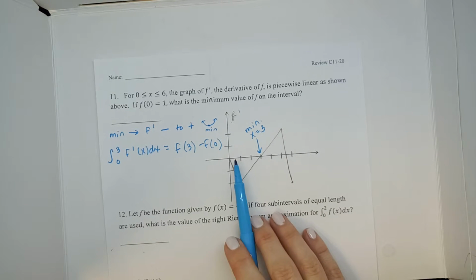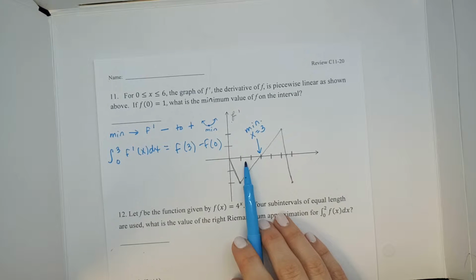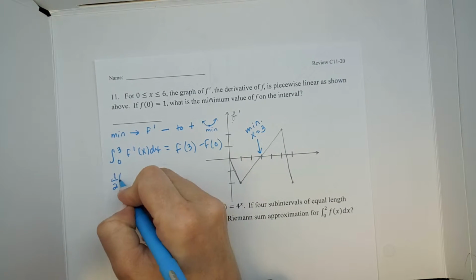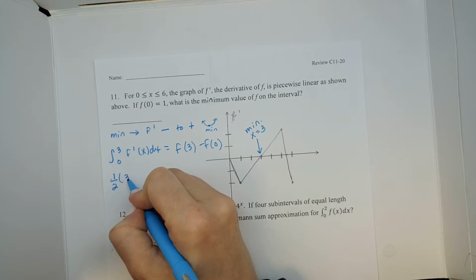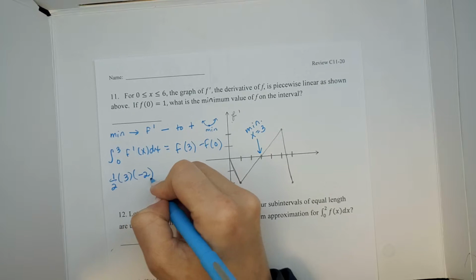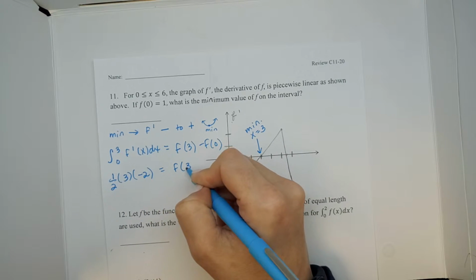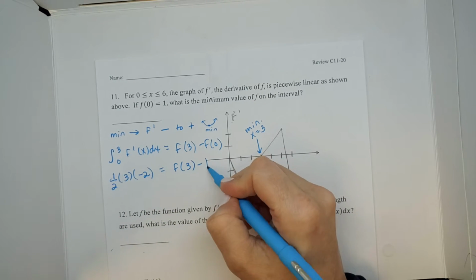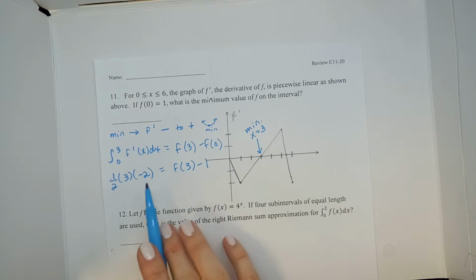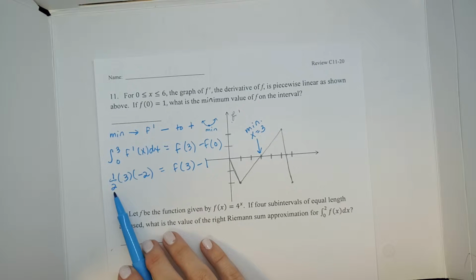Okay, so the area here would be a triangle, so 1/2 base times height. The base here is 3. The height is -2. And so that leaves me f of 3 minus, again, f of 0, which is 1. So if I want to find f of 3, all I have to do is simplify this and add 1.